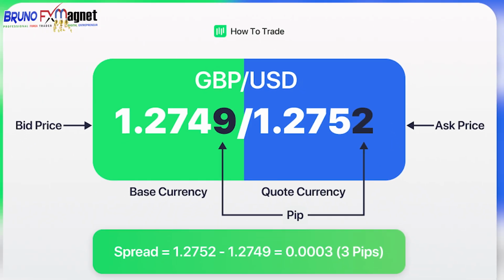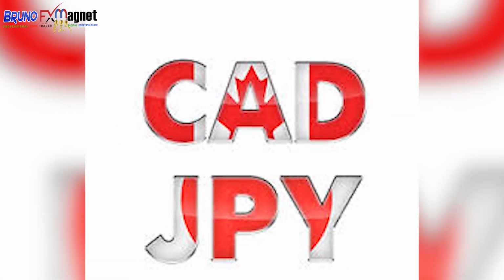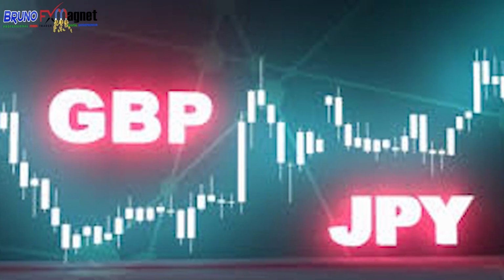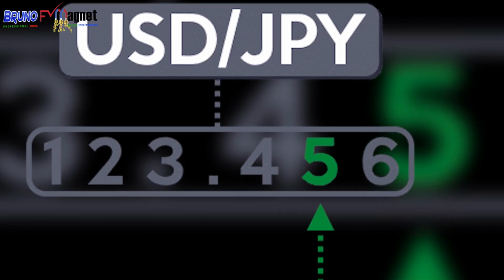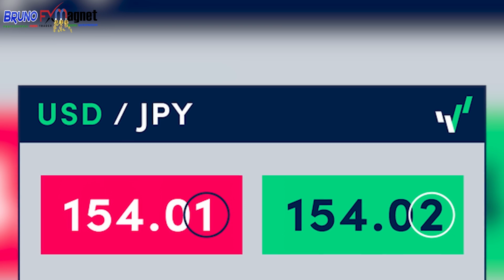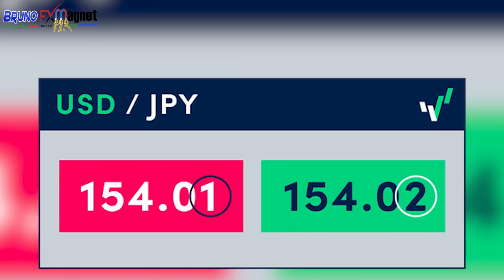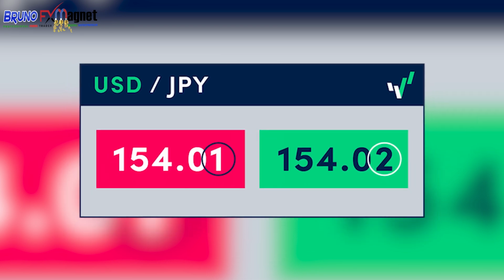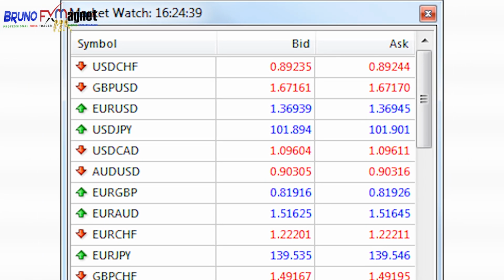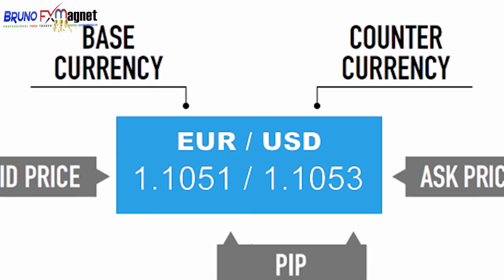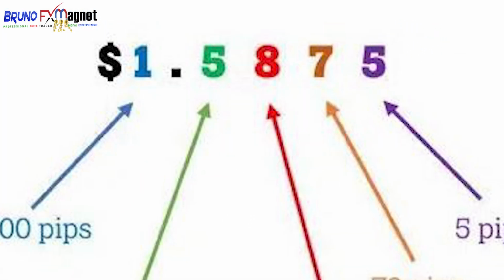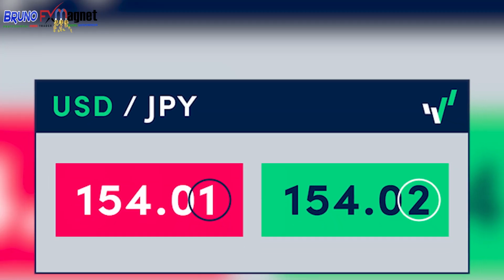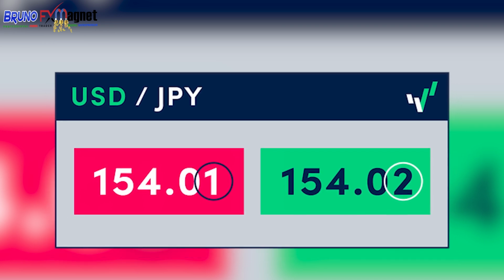For all the pairs which include JPY such as CAD-JPY, USD-JPY, Euro-JPY and many others, their pips are read as 0.01 here in forex market at the second decimal place of the exchange rate. In summary, the pip for all the pairs except those containing JPY is the first number after the decimal point, and for pairs containing JPY, the pip is the second number after the decimal point.